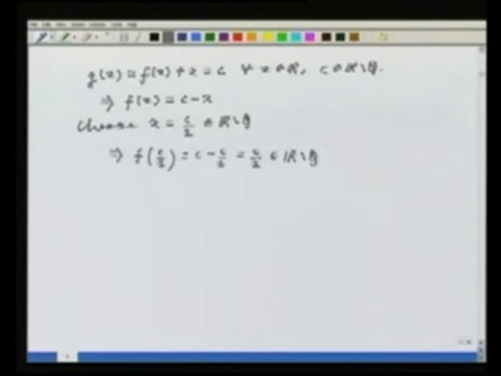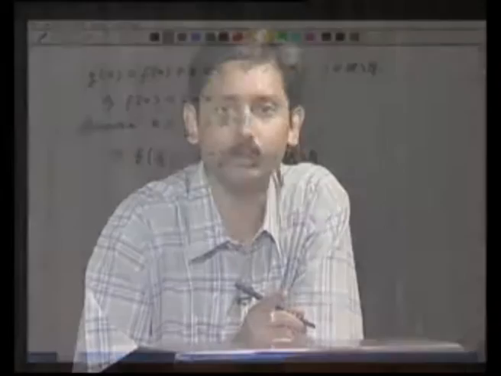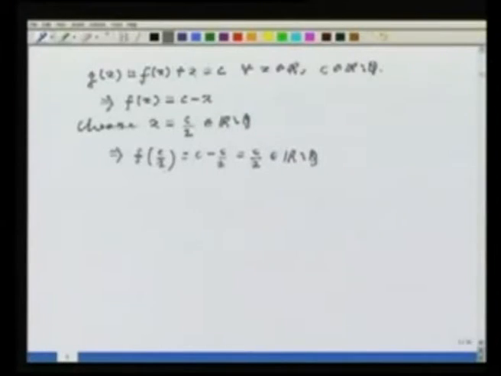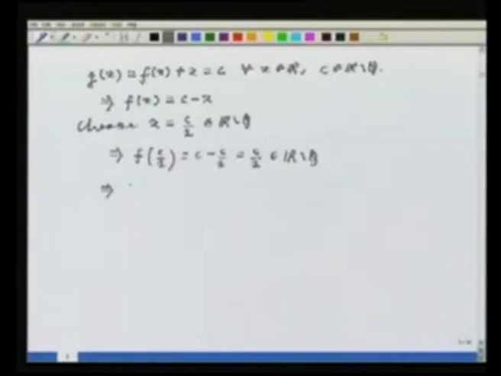But you see that cannot happen. F takes rationals to irrationals and irrationals to rationals. But in this case what is happening? F is taking an irrational number C by 2 to the same number C by 2, which is an irrational number, which is a contradiction.